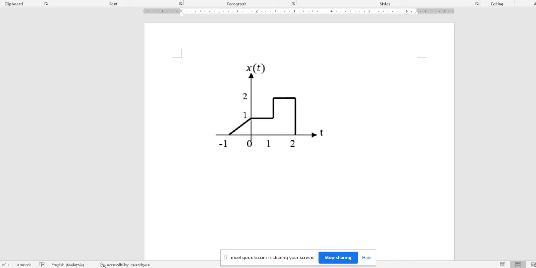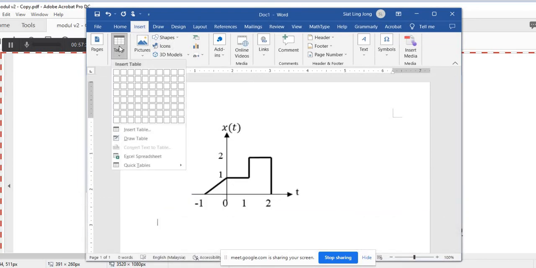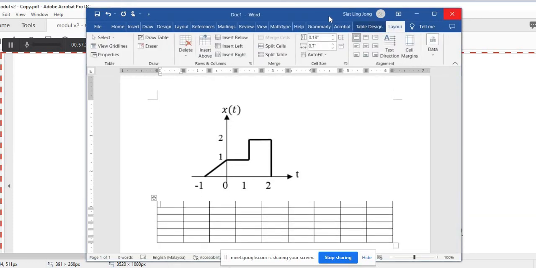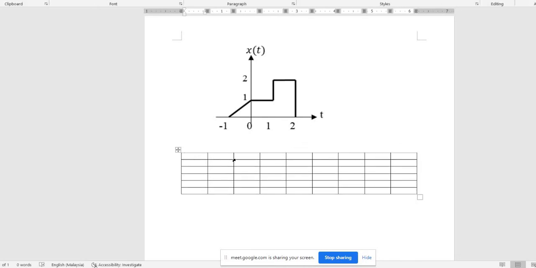Then I want to draw a table. First of all, I want to draw the range.